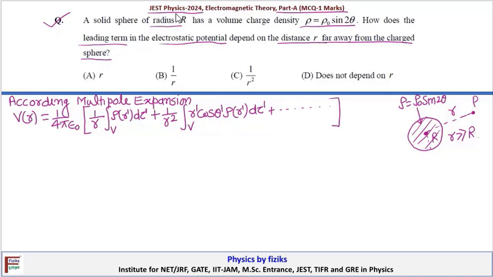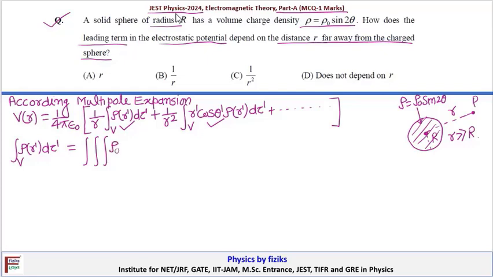Now, if we have to see the approximate dependence, we have to calculate these integrals, the monopole term and the dipole term. Let us first see the integral of rho of r dash d tau dash. Since it's a volume integral in 3 dimensions, it's a triple integral.